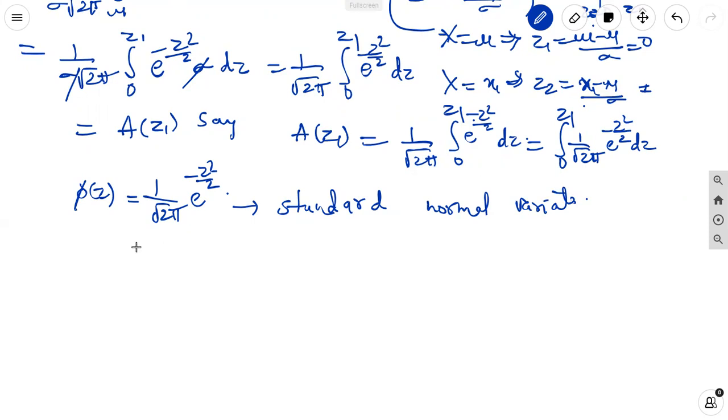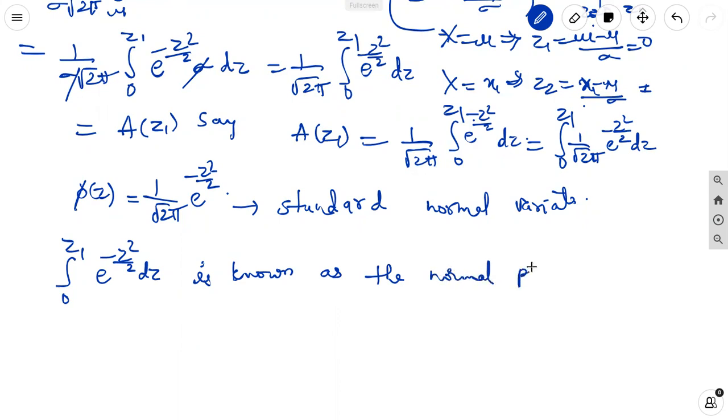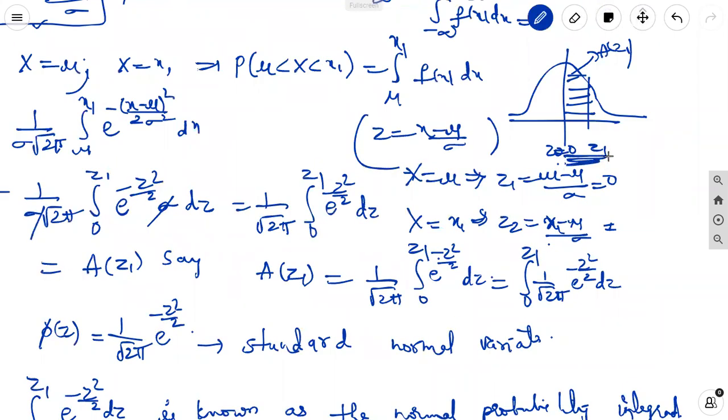So the definite integral, integral from 0 to z1 of e power minus z square by 2 dz, is known as the normal probability integral, and gives the area under the normal curve between z equal to 0 and z equal to z1.